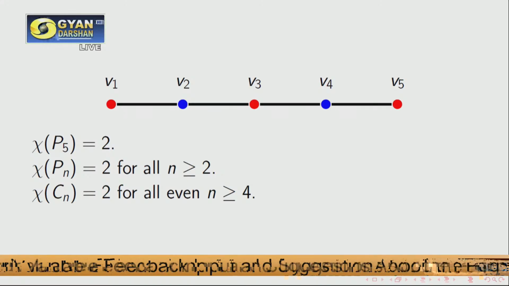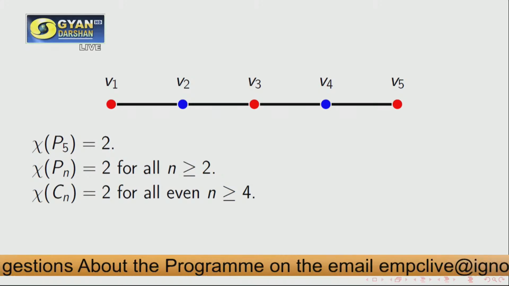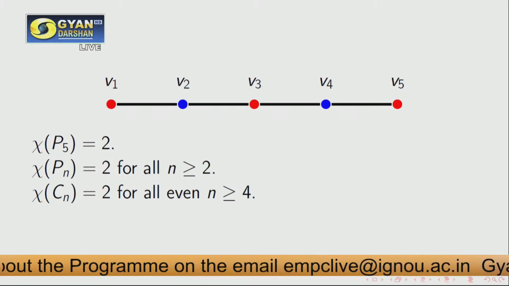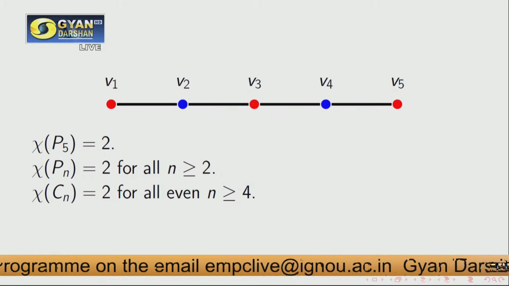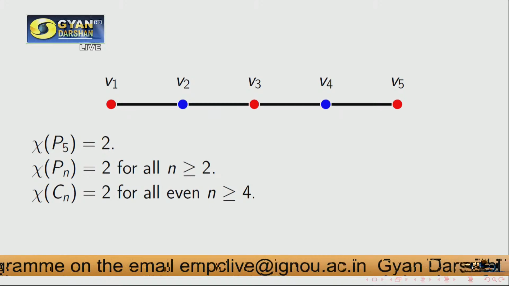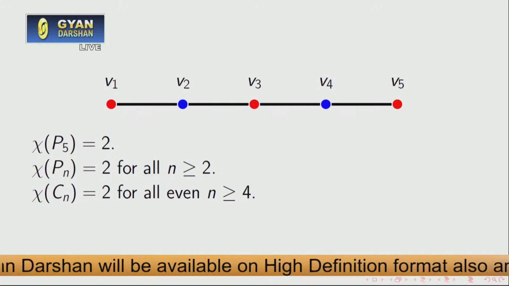In this way, any even cycle can be colored with just 2 colors. So the chromatic number of Cn is 2 for all even n. Of course, n must be greater than or equal to 4.